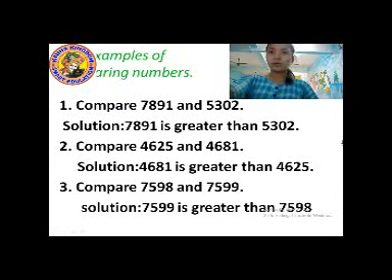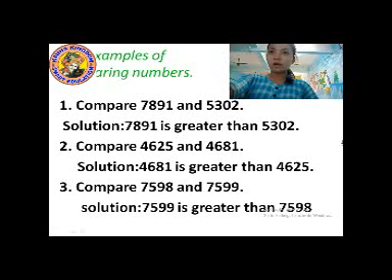Now we are going to see some examples of comparing numbers, or how to compare one number with another. Example 1: compare 7,891 and 5,302.